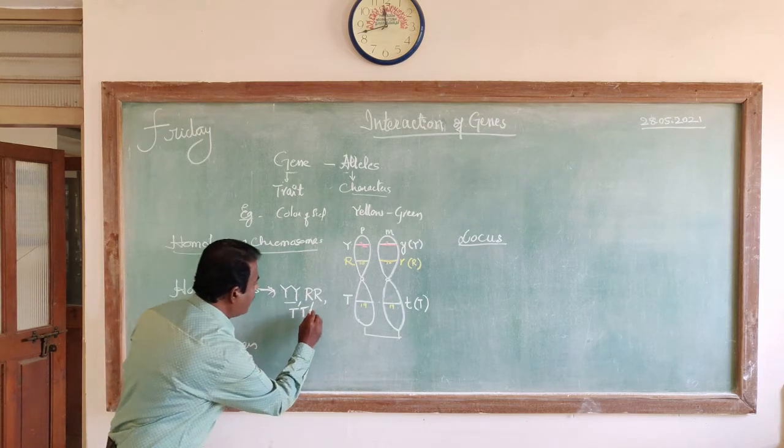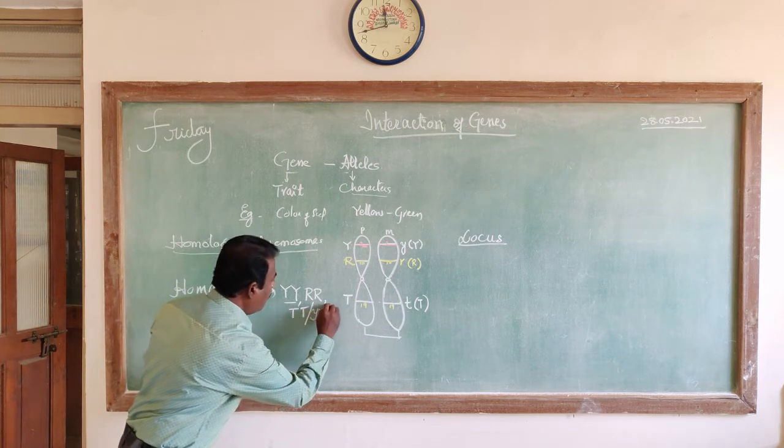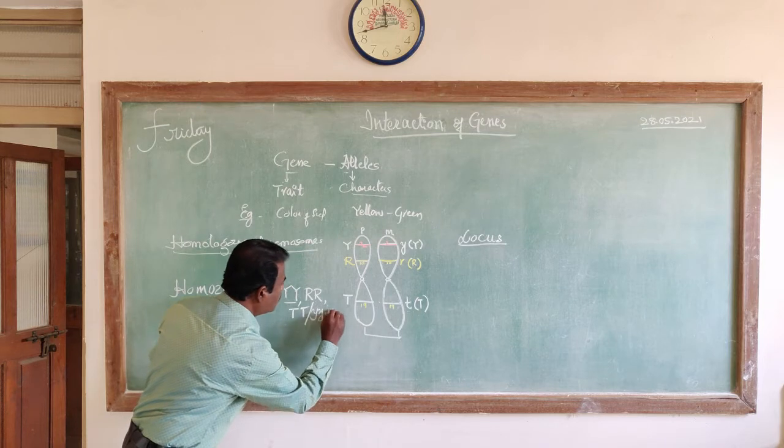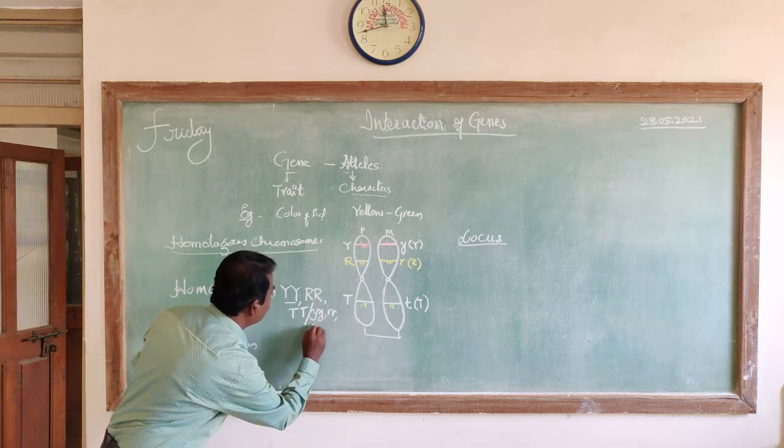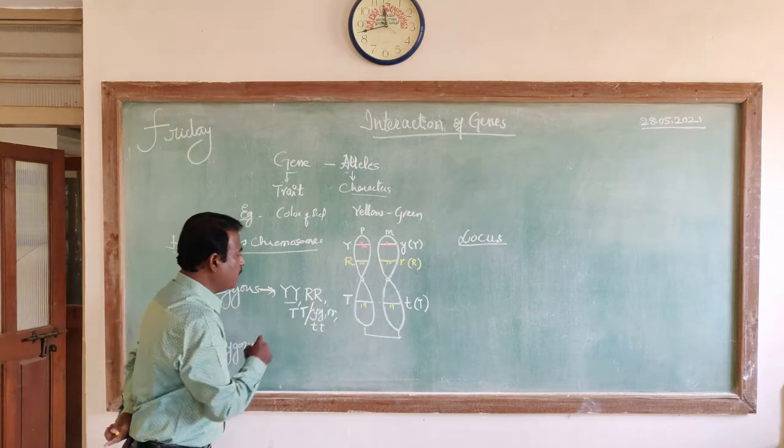Similarly, it could also be small y, small r, or small t. These are also homozygous in state, but they are recessive alleles.